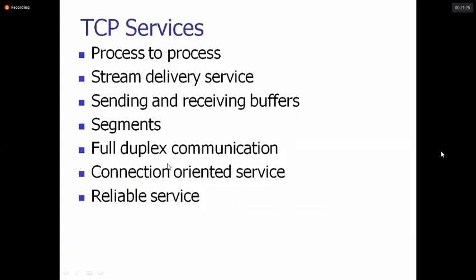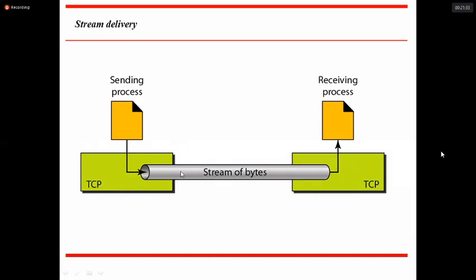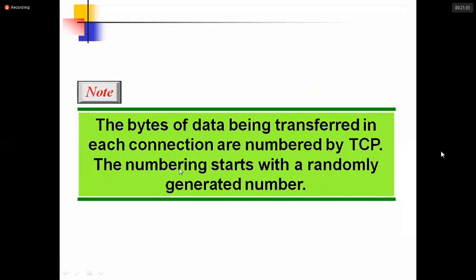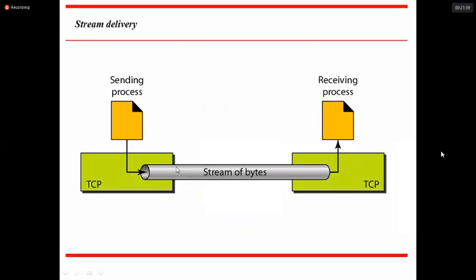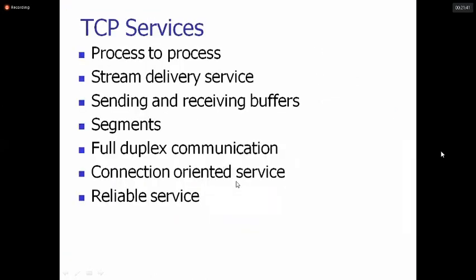So let me go with full duplex communication. Basically, when I mean full duplex, both the sender as well as the receiver could send as well as receive data simultaneously. One more is that it is connection oriented. When I mean connection oriented, I come to the handshaking mechanism. I hope most of you already know what handshaking is.